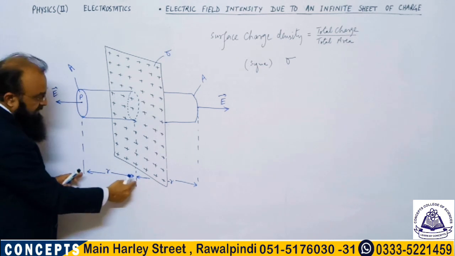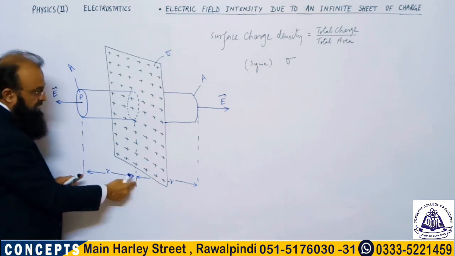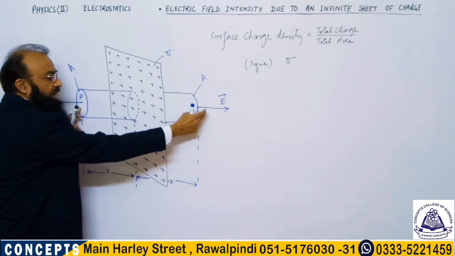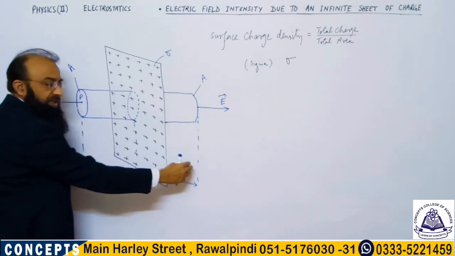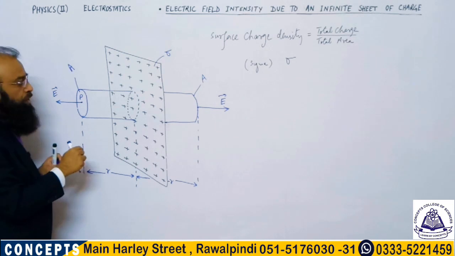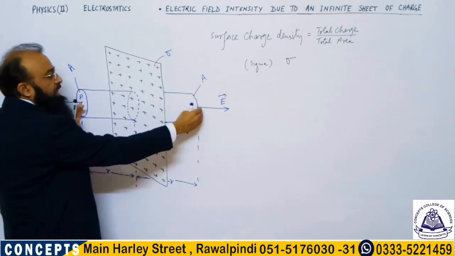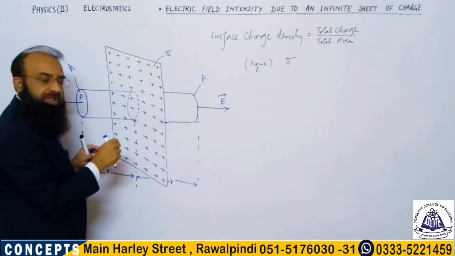Now as the distance of the two flat surfaces of the cylinder from the sheet is the same, the magnitude of the electric field will be the same on these two flat surfaces.